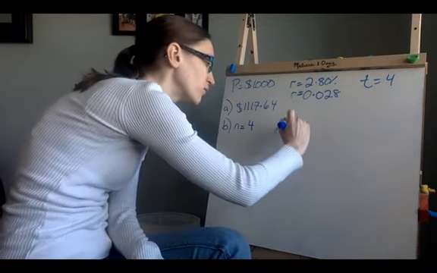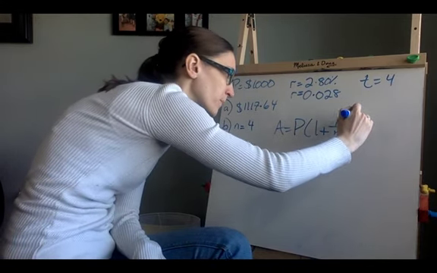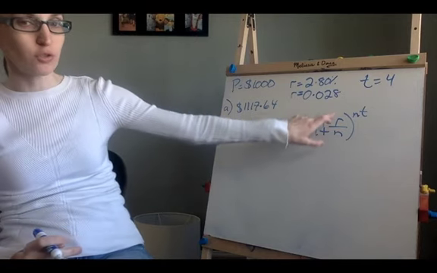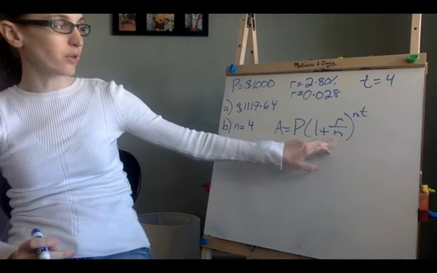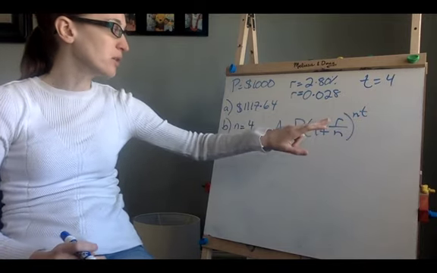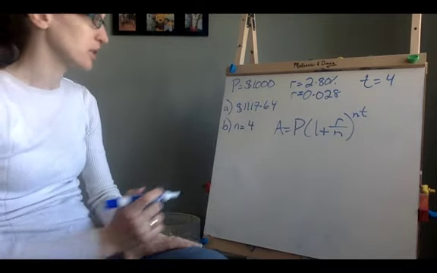So using that same formula, principal times 1 plus the interest rate divided by the number of compounding periods, to the power of the total number of compounding periods, which is 4 times a year for 4 years, so that value is going to end up being 16.